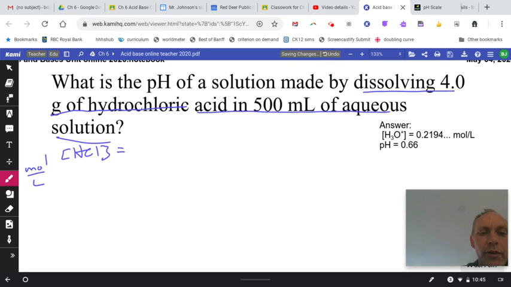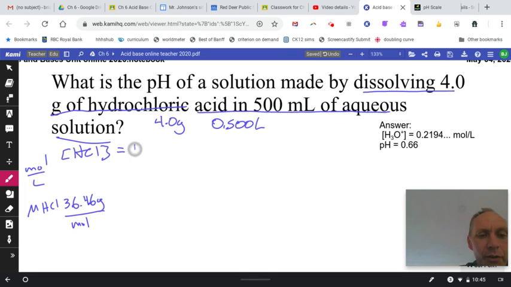So I have 4 grams, and I have half a liter. I want moles per liter, and I have grams per liter. Where do I get moles from? Molar mass of HCl, which is 36.46 grams per mole.